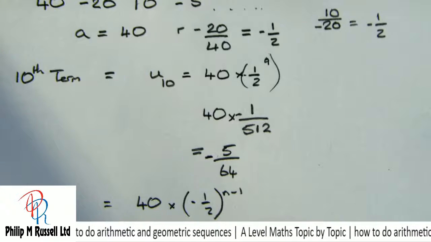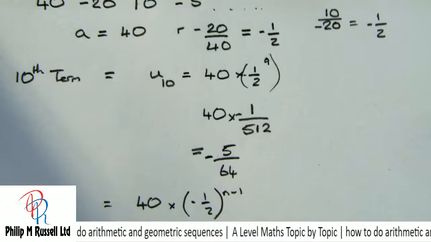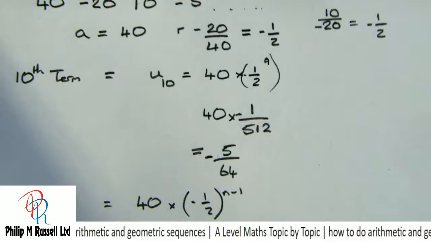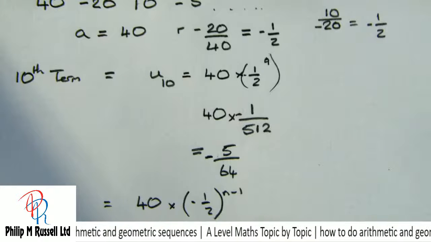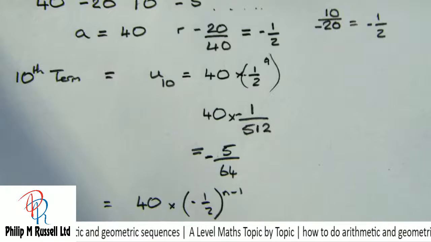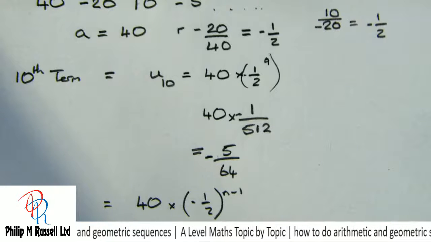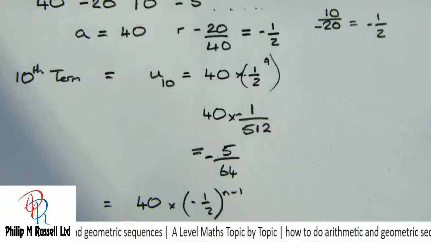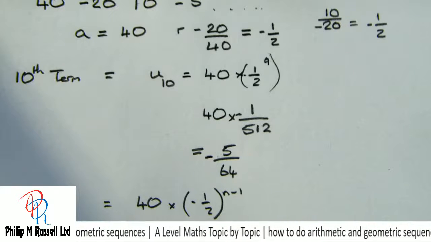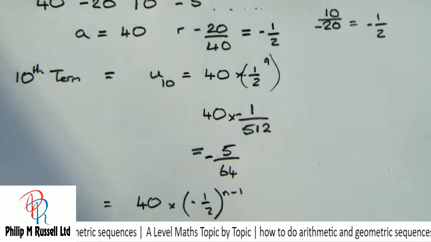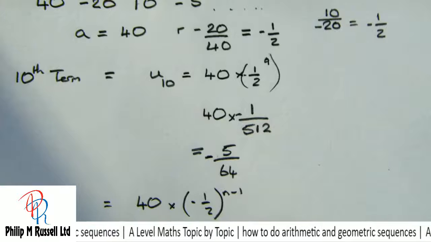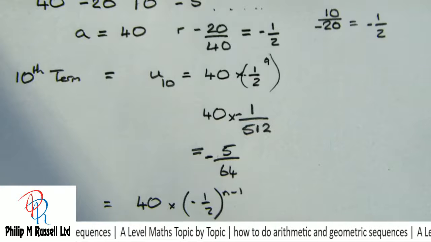The other one's going to give me 5 times that, which is going to be 5 over 2 to the n minus 1.